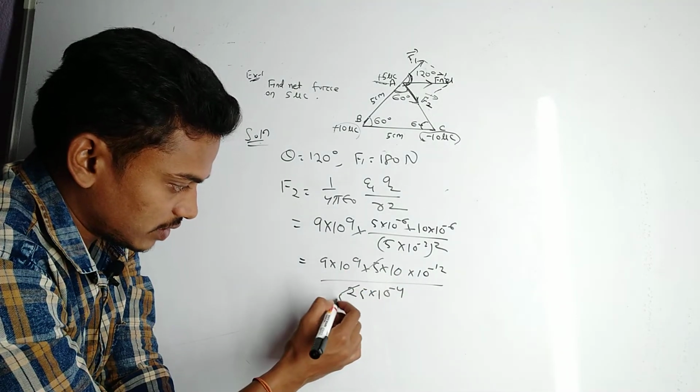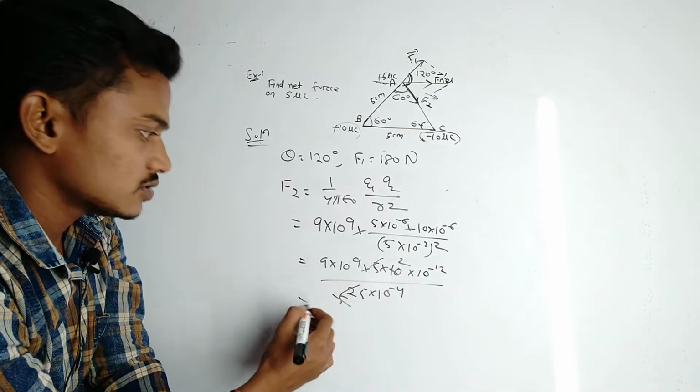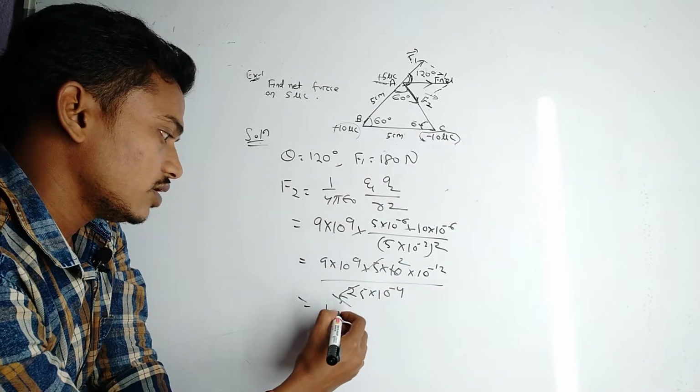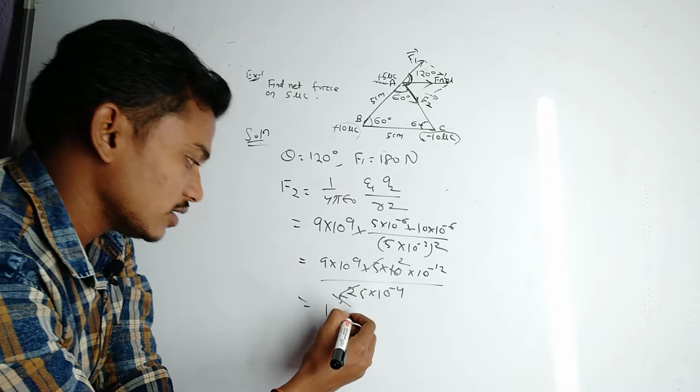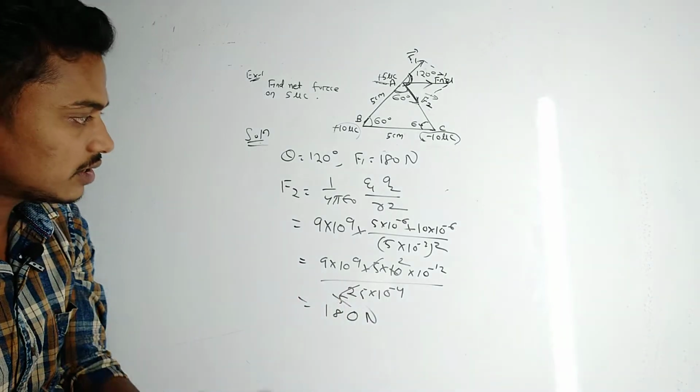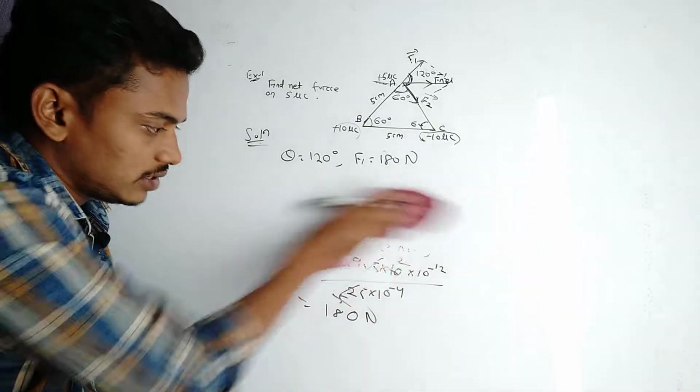So 9 into 2 is 18, same as F1, so 180 Newton. So F2 is 180 Newton.